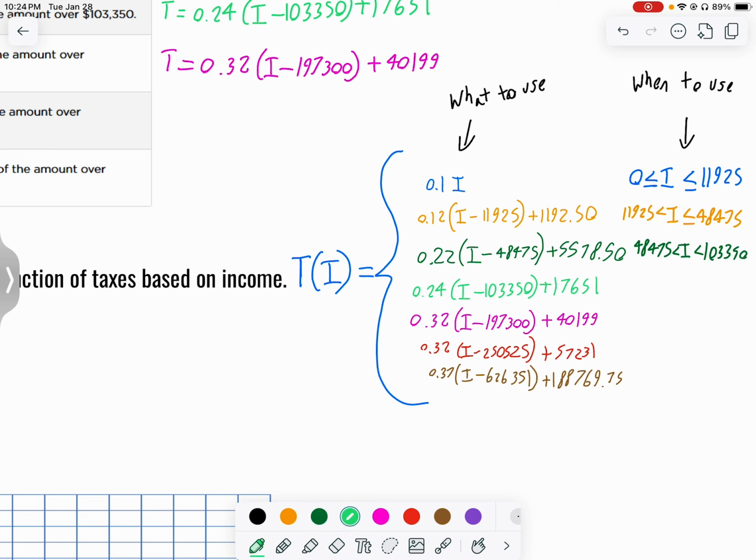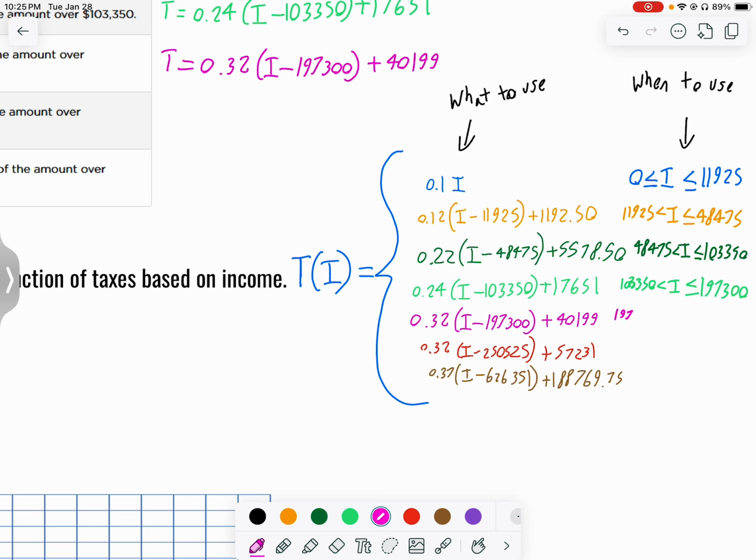Okay. We've got 103,350 is less than I. Oh, and I forgot the equal to up above. So equal to there is less than I, which is going to be less than or equal to 197,300. Okay.